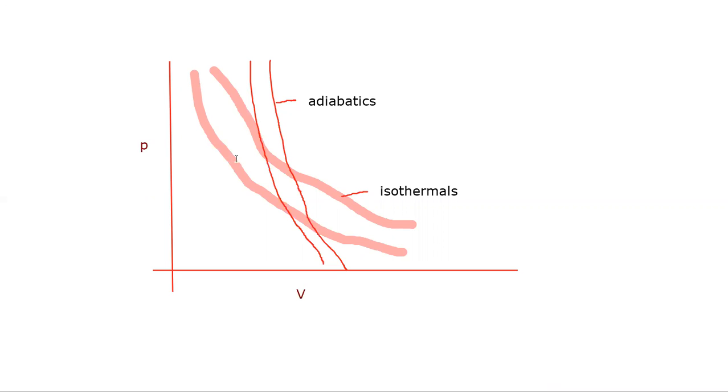The formula can be derived that dP by dV is equal to minus P by V. This is for isothermal, since PV is constant. This is the slope of isothermals.